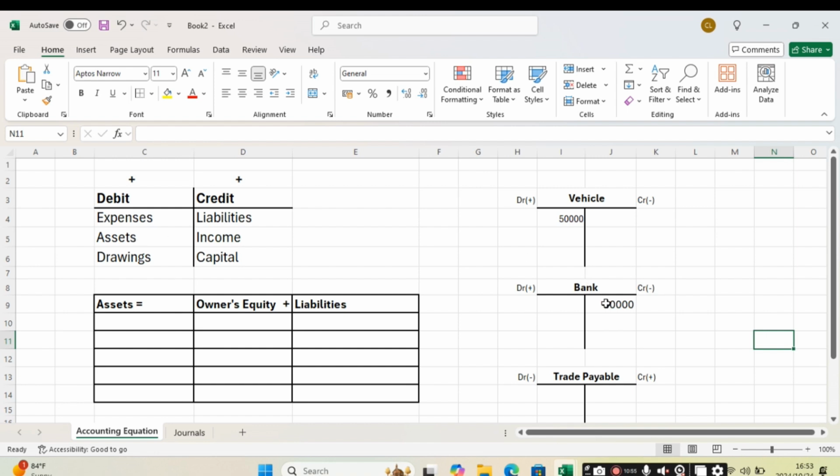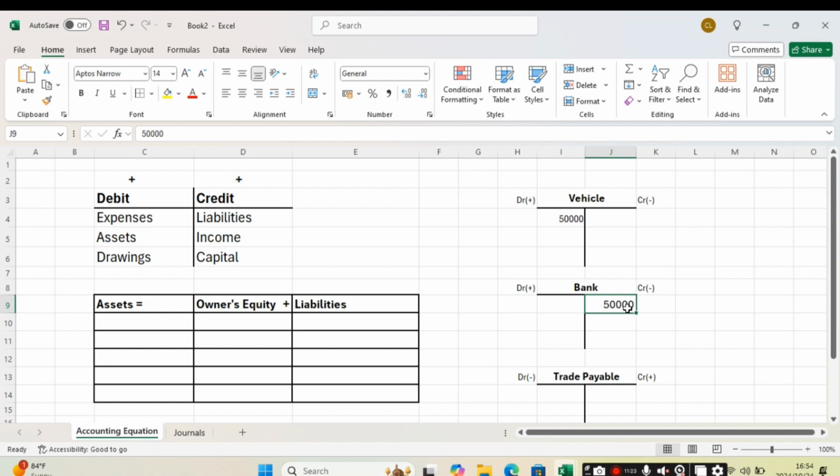And then we also have the bank. Bank account is an asset. We see we have an amount, but where is this amount? On the credit side. So bank account, an asset, when it comes to the credit side is decreasing. So if we see this amount here on the credit side, it means our bank account is decreasing. Straightforward. I hope you understand this, guys. So this is simple, straightforward things.